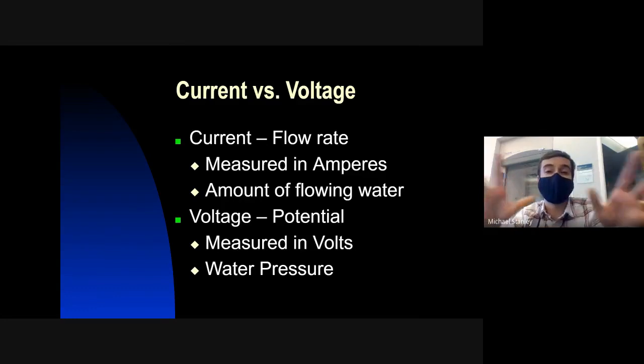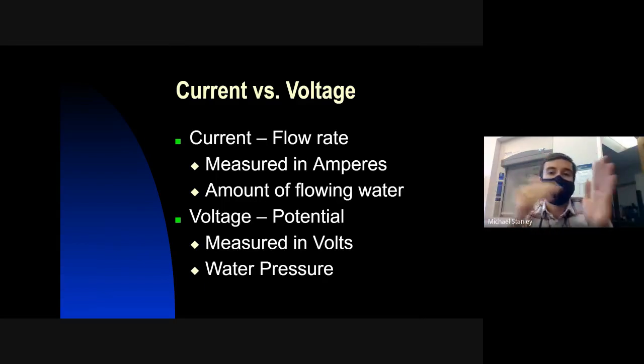You could have two different rivers that have the same current, but one is a really wide river that's moving very slowly, whereas the other one is a really small river that's moving very fast. It's like rapids or whitewater. So they both have the same amount of charges that are flowing through a certain area.